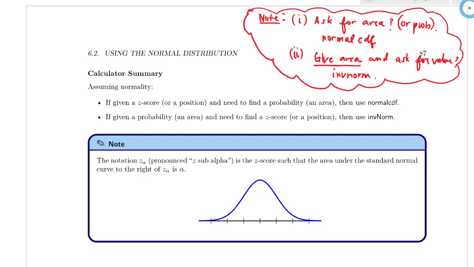So, because all these z-scores, for example, let's say here's 1, 2, 3, 4, -1, -2, -3, and then here's the middle. So how we represent that is doing a z-score sub alpha like this. And the alpha represents that area to the right.